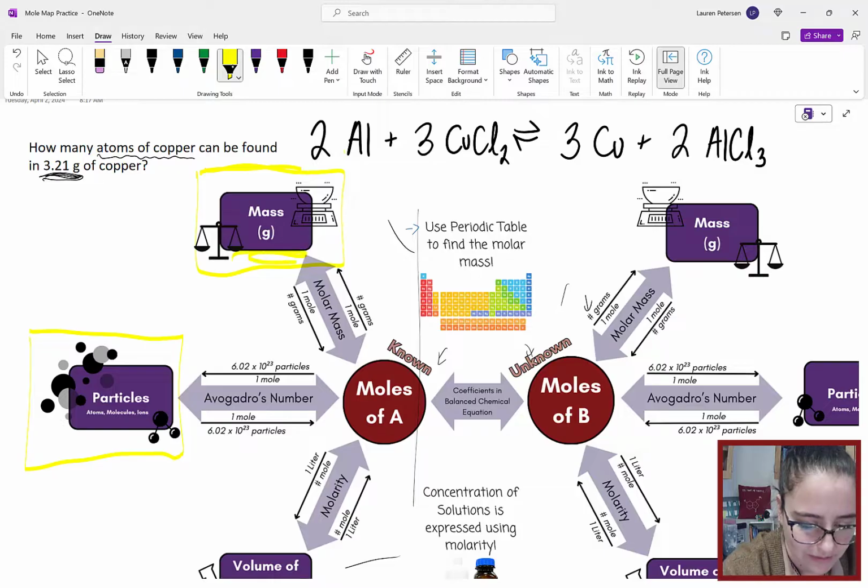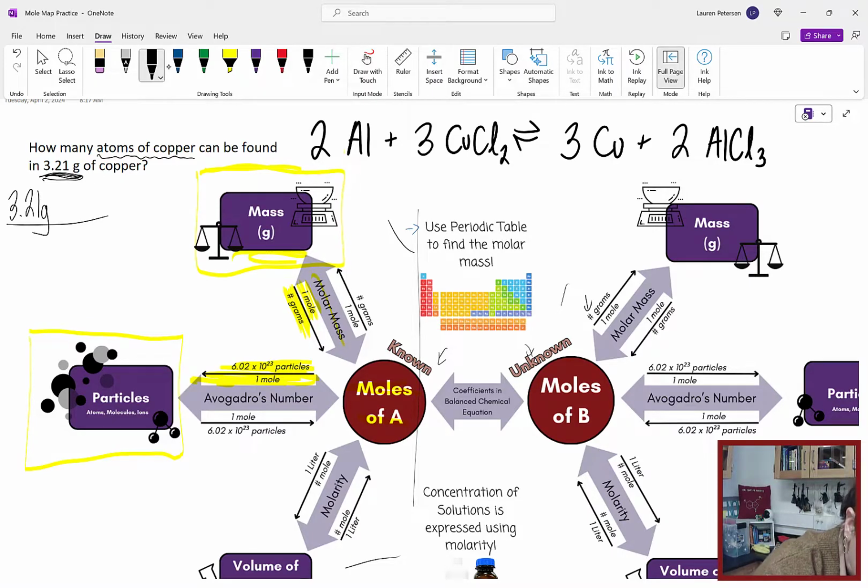So we're starting up here with our mass. So we're going to have a two-step conversion where we're first going to use the molar mass to convert to moles, and then we're going to use Avogadro's number to convert to particles. So just like every other time, we start with our known, 3.21 grams.